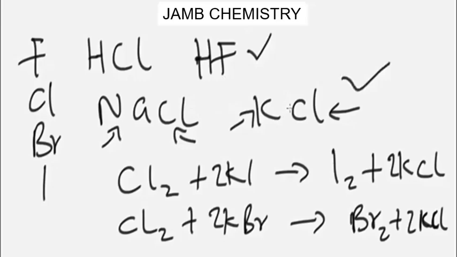And lastly, more reactive halogens will displace less reactive ones, which is what we just talked about. So guys, this is what you have to know for reactivity of group 7 elements or halogens for your chemistry exam. Hope you learned something interesting from this video. Let's call it a class here.